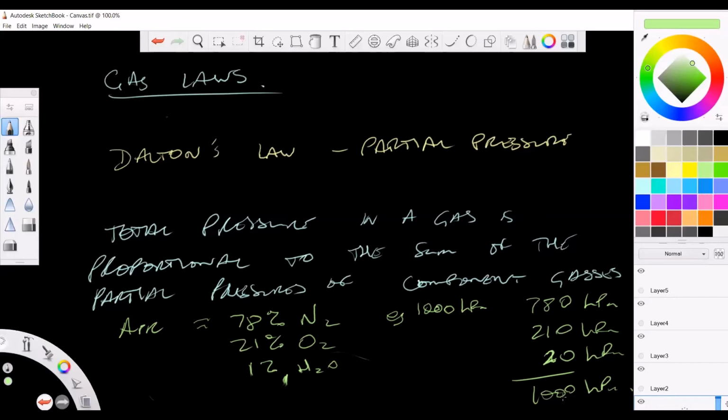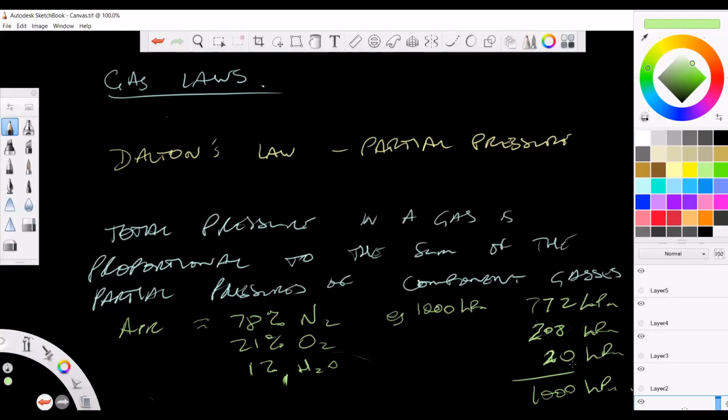So if I've increased the humidity but not increased the pressure, I've got to take 10 off the other two. So instead of 780 and 210, I end up with roughly 772 and 208, and it still makes 1,000 hectopascal.